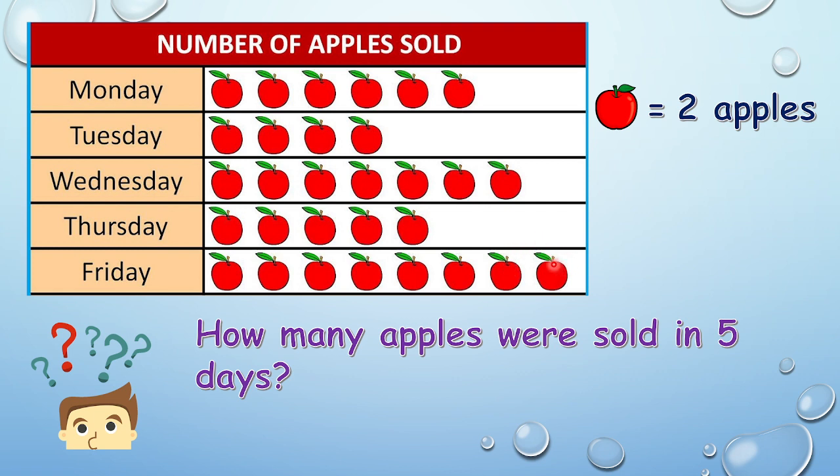There are 30 pictures, but each picture is equal to 2. So 30 times 2 is 60. It means there were 60 apples sold within 5 days.